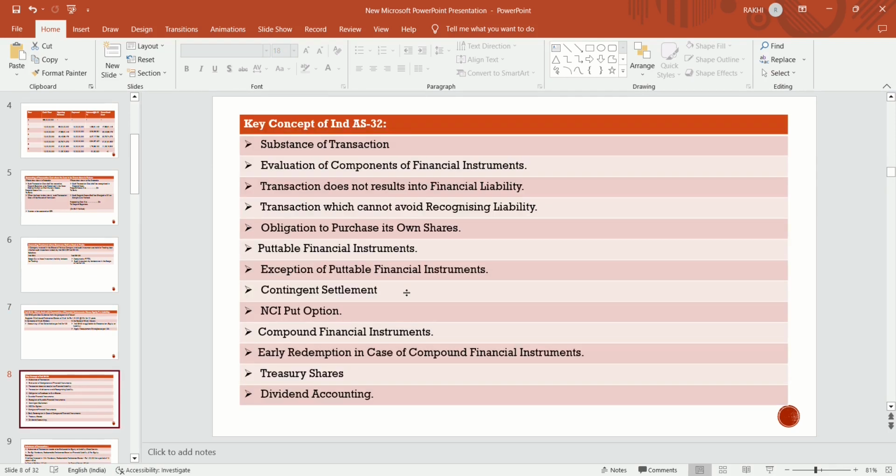Now the key concepts of Ind AS 32. What are the key concepts present in Ind AS 32?